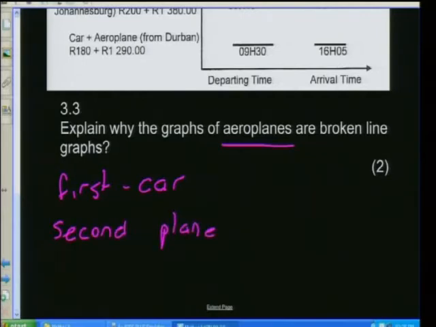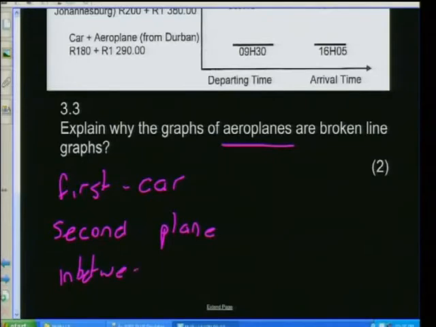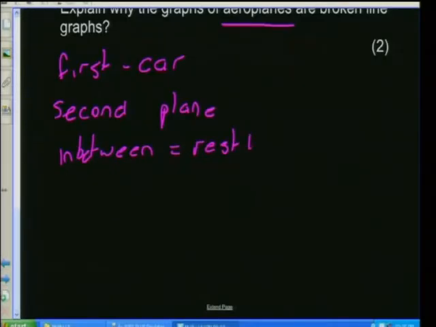And where there is nothing filled in on the graph, so let's put that in between, they are actually resting and waiting at the airport for the plane. When you do something like this where you have to give your explanation, look out for the mark allocation.